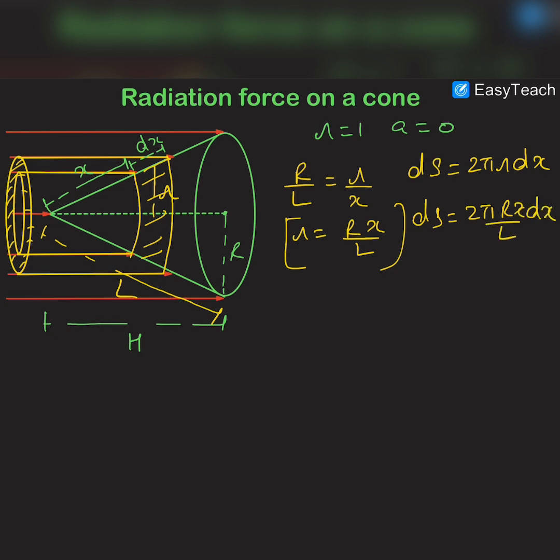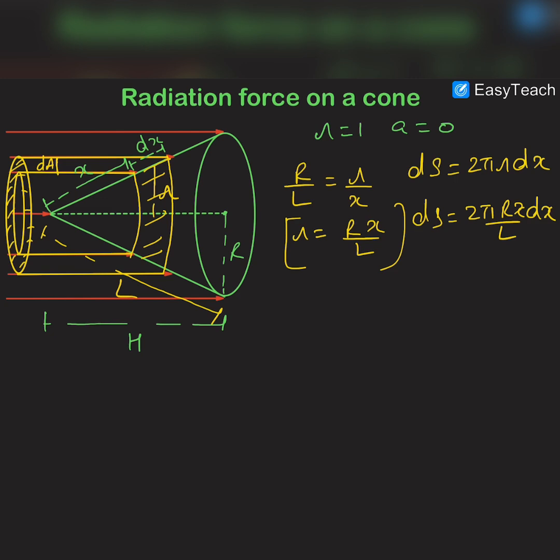This is the area. Now we know that the force carried by this beam is in this direction. The force carried by the beam in this direction, and this is the area dA, this perpendicular cross-sectional area of the beam. Okay, so what is dA? dA is actually this shaded area. So this area is ds and this is dA.